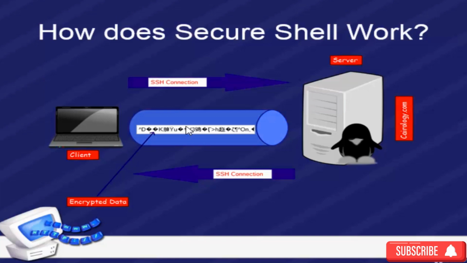The SSH server is the only one who can decrypt the data, and by that you are sure that the connection between your laptop and the server is secure. I think this is the simplest way to explain how Secure Shell works. Now let's move to the history of Secure Shell.